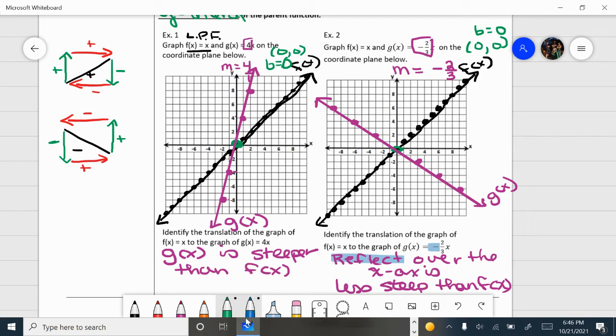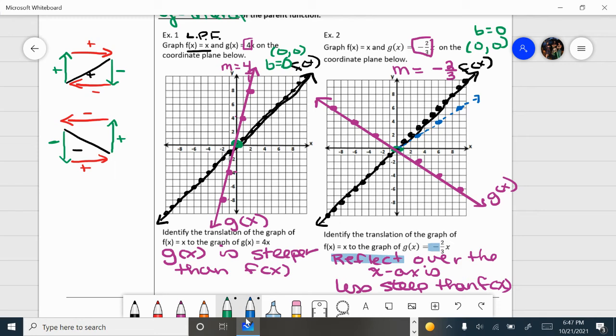So if we had started here and gone up 2 and right 3, and then up 2 and right 3, and one more time, you would see that it's not quite as steep as our parent function. I'm just doing that one quadrant so you can see it's not rising up as fast as our parent function rises up. That's why we call it less steep.